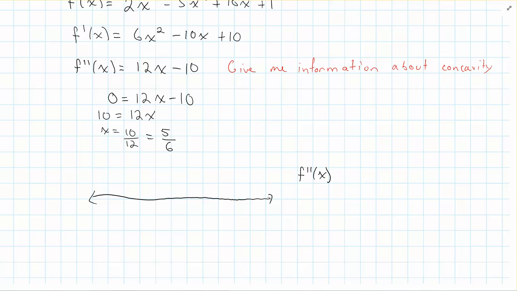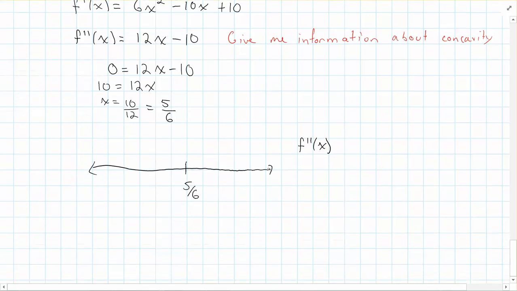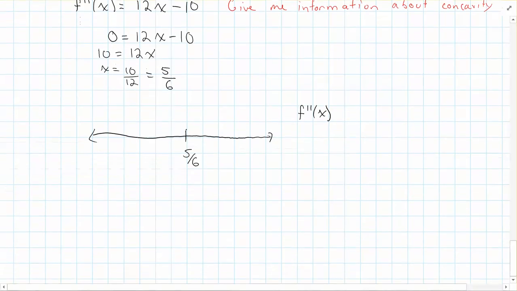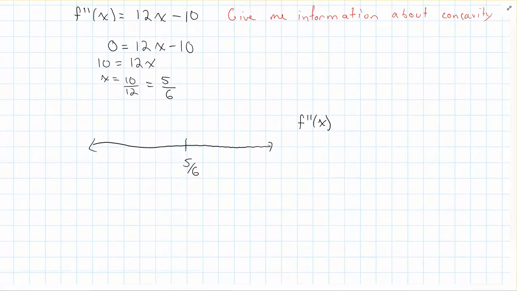And because I'm talking about concavity, I'm dealing with the second derivative. So I'm going to put my only point where I'm 0, which is 5/6. And then I'm going to just do the exact same thing we've done on all the other problems here. And I'm going to go ahead and write the second derivative down again here so I don't lose it.